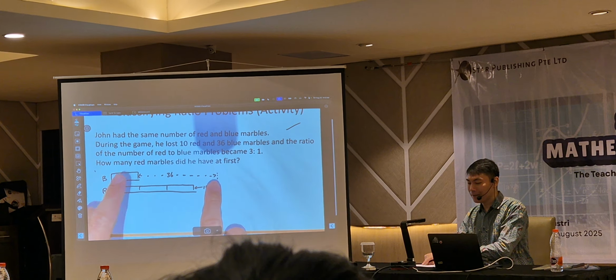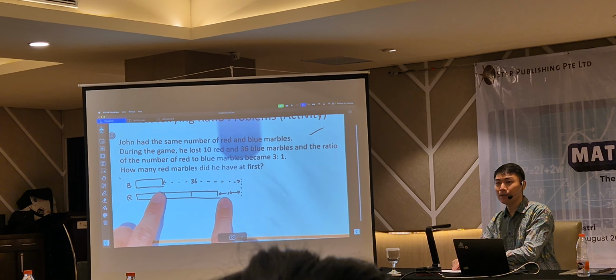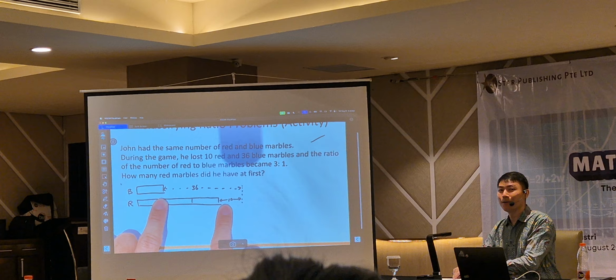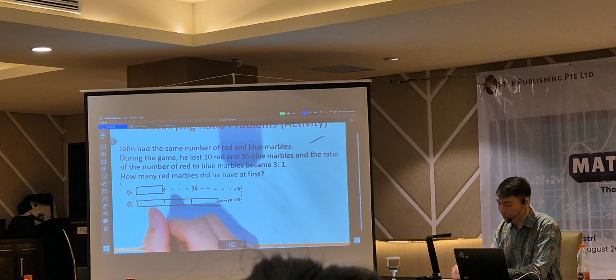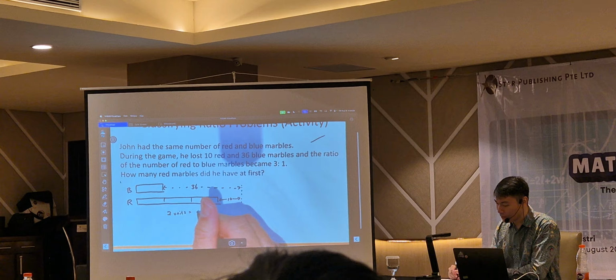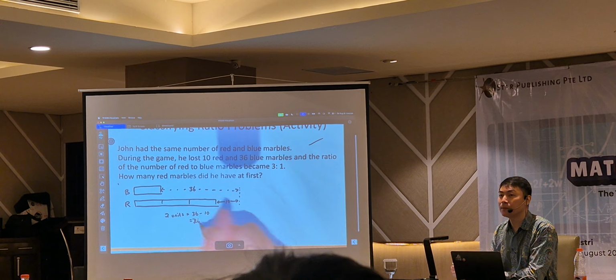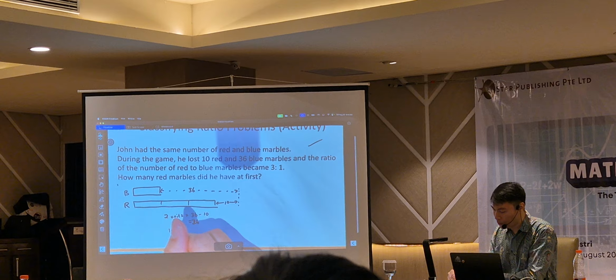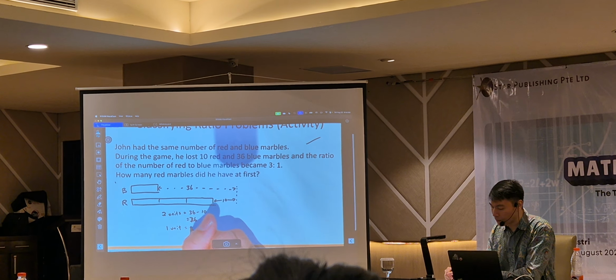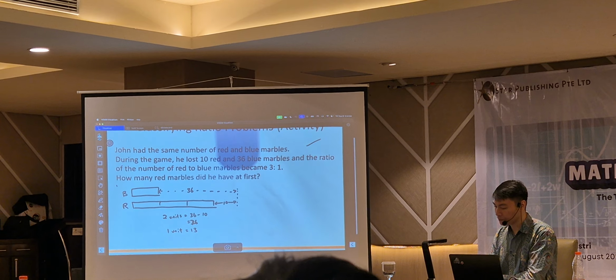Can you see that the difference here between 36 and 10 is the 2 bars here, right? So what can I write? 2 units will be represented by 36 minus 10, 26, right? Therefore, 1 unit is 13. 1 unit represents 13 marbles.